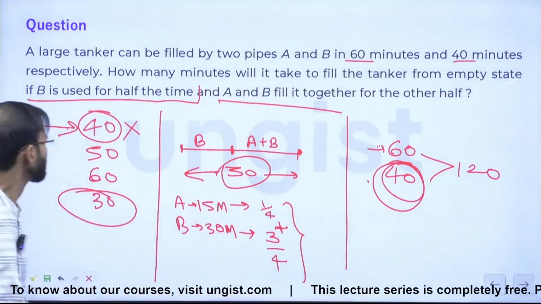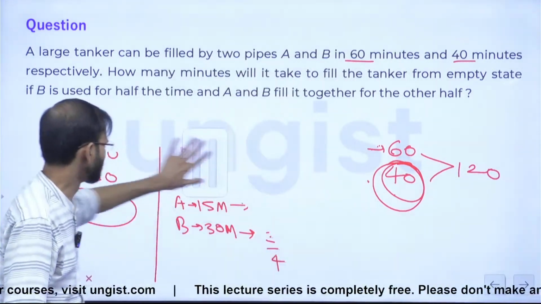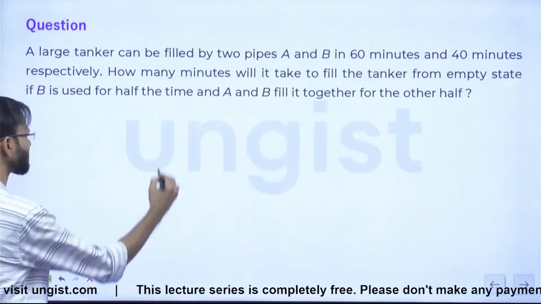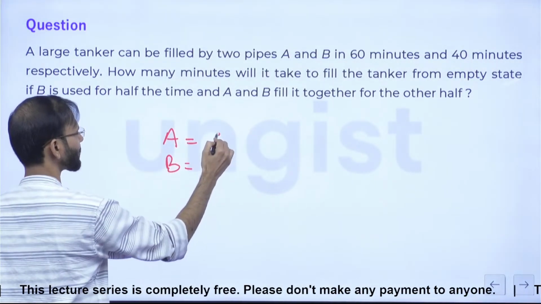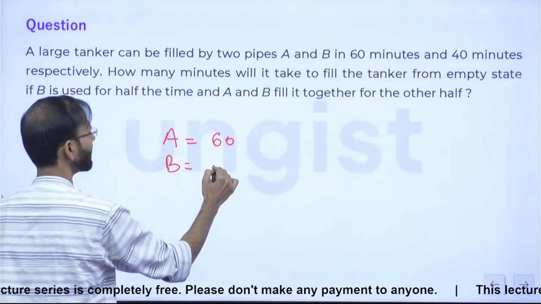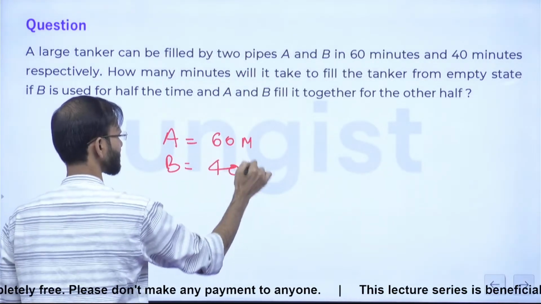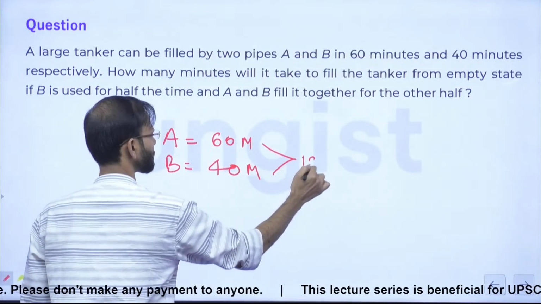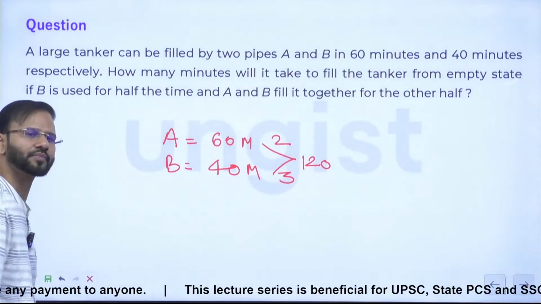So here, अगर मेरे पास options नहीं है, if I don't have the options, then A is 60 and B is 40 minutes. यही है ना? So LCM is 120. This is 2, this is 3. Guys, is it fine?